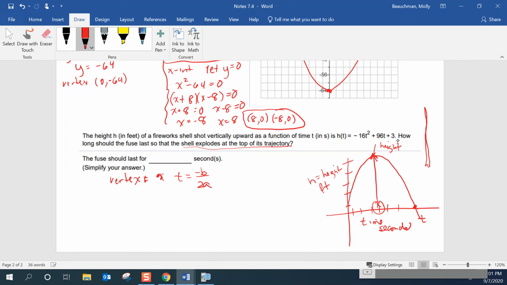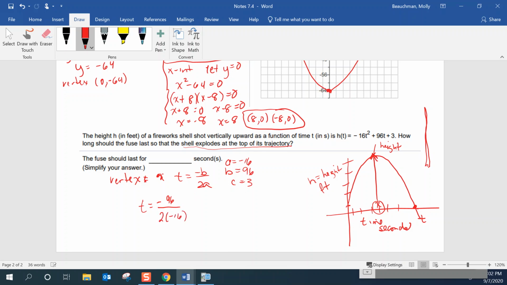So in this case, we're written in the right order. A is equal to negative 16, B is equal to 96, and C is equal to 3. We don't need C at this time, but we do need A and B. So t equals negative 96 divided by 2 times negative 16.